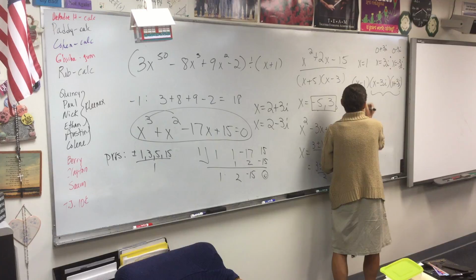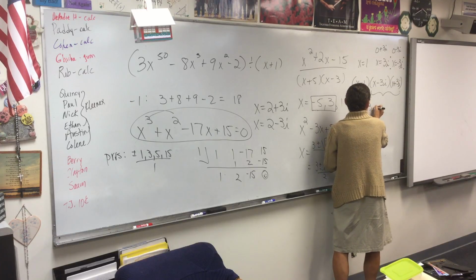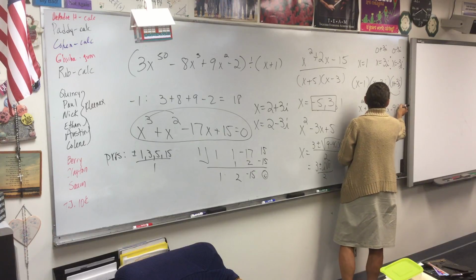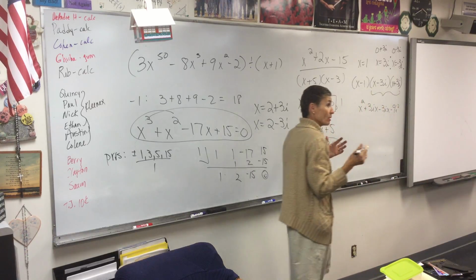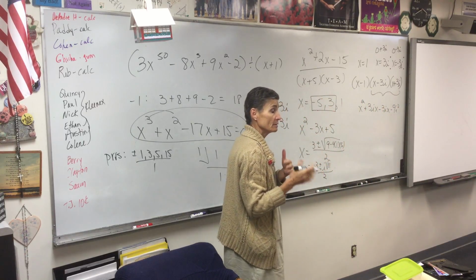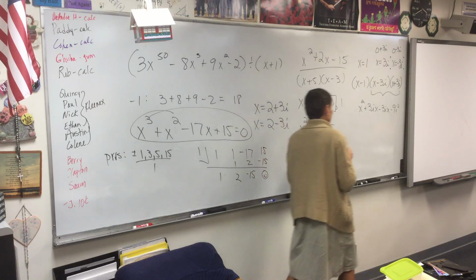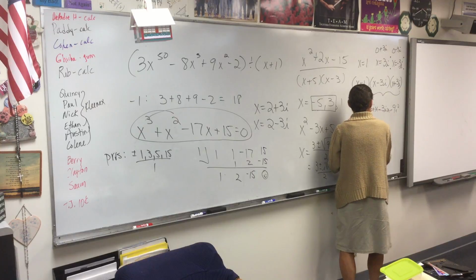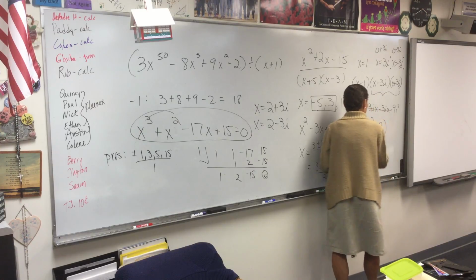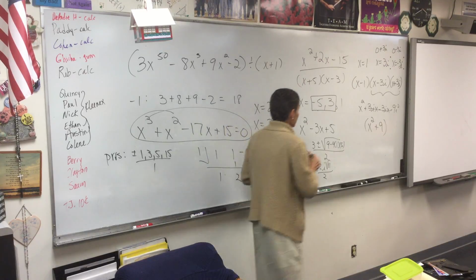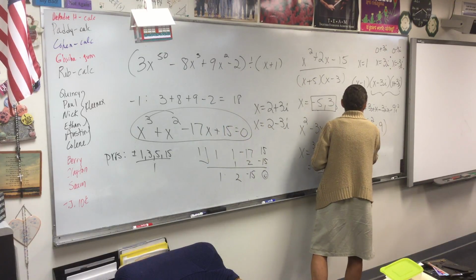So if I FOIL, I get x squared plus 3ix minus 3ix minus 9i squared. Now there's our i squared, which is -1 times -9. These cancel. I have x squared plus 9. Would you agree with that? Don't forget, you still have to multiply by the x minus 1.